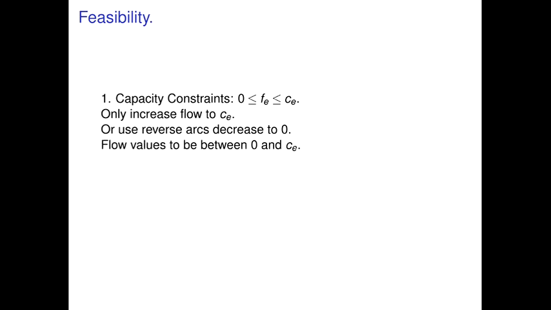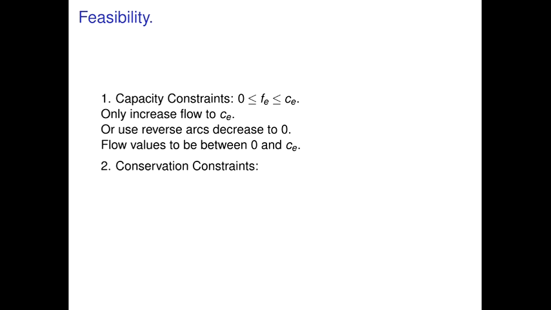And I can only use the reverse arcs to decrease it to 0. The reverse arcs only put a number on it that corresponds to the flow in one direction, and you can only send that much back. So the net flow will be 0. So all the flow values will be between 0 and c of e.